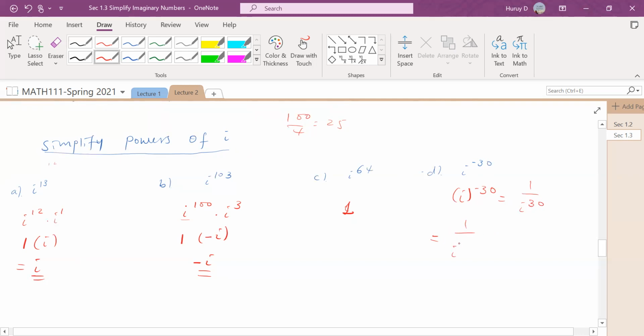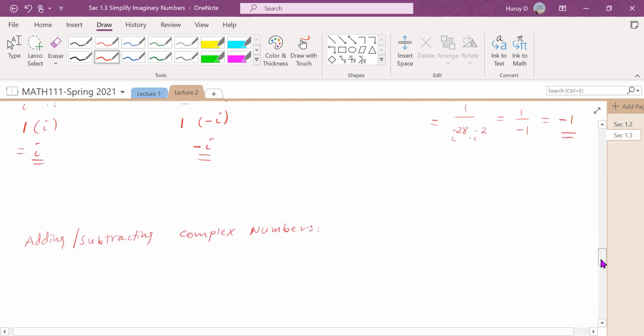So we have i to the power of 28 times i to the power of 2. This one again is 1, and this one is, if you remember, negative 1. Therefore, this is just negative 1.